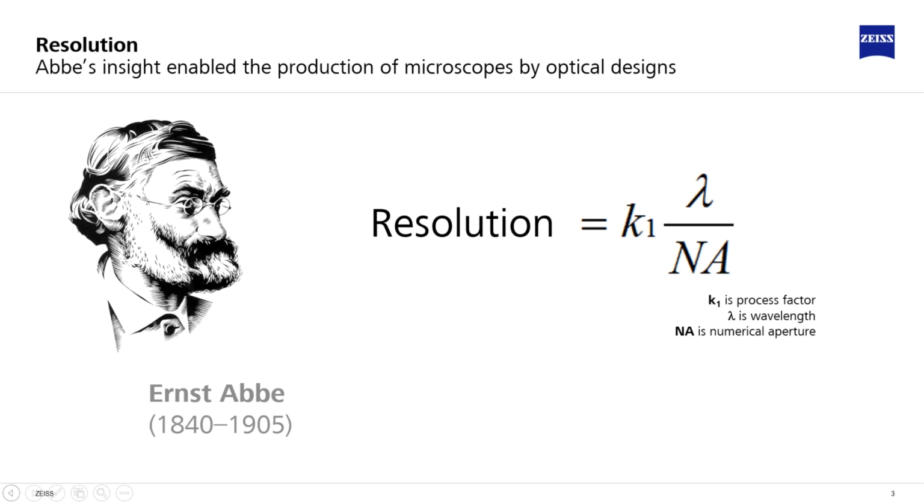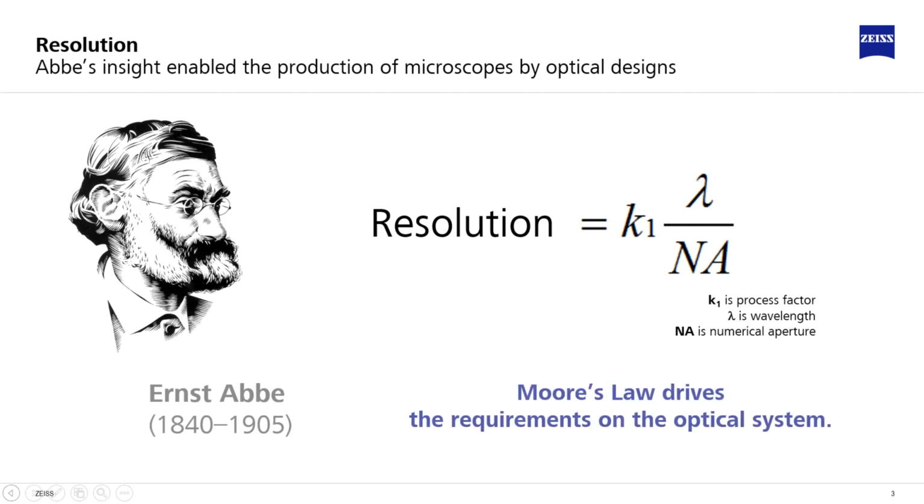EUV lithography changes the wavelength lambda to 13.5 nanometers, an order of magnitude less compared to the wavelength of current deep UV ARF immersion optics. Within the EUV wavelength, the NA can be increased step by step, and K1 can be reduced. With all these three knobs, we are able to reduce the resolution and continue Moore's law. And also the other way around is true. Moore's law is driving the requirements on the optical system.